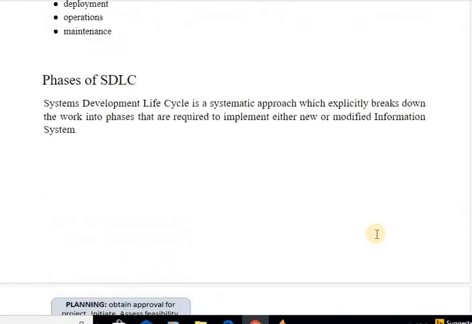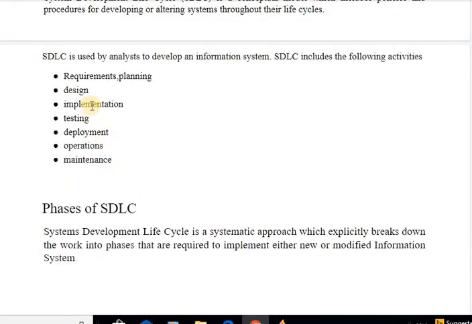See, deployment is separate here. Implementation here contains coding of the software which you are going to develop, then applying test cases to perform the testing. Deployment is the actual installation of your software. Like if you have created a hospital management system, then deploying that software into their system in the hospital.